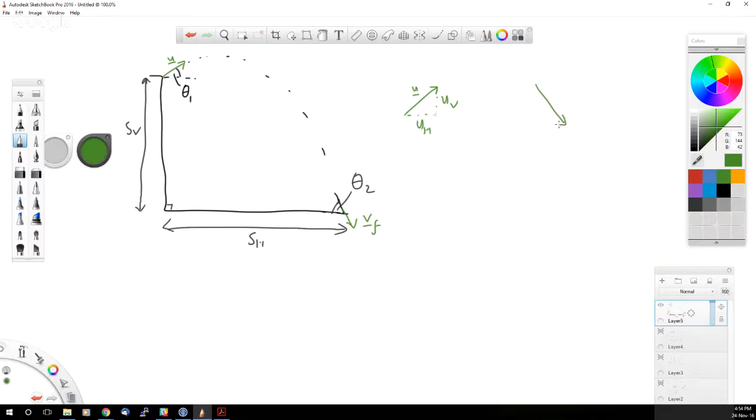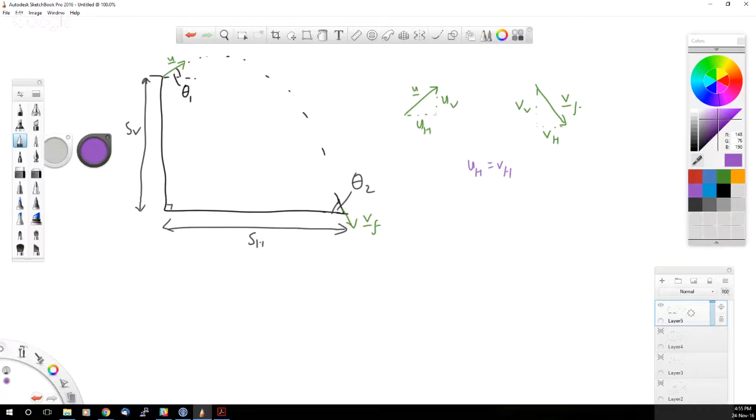And then my VF, or VH. And one thing that you should note here is that UH equals VH because there's no change in the horizontal velocity.